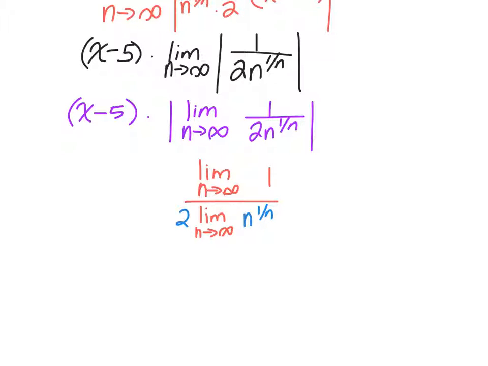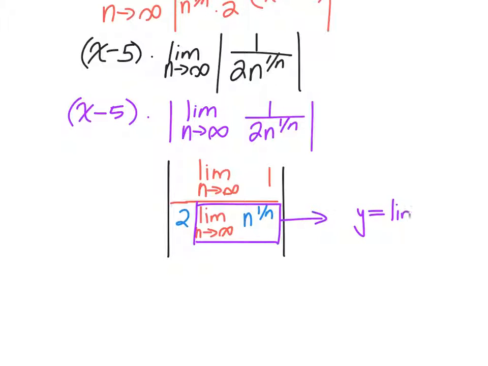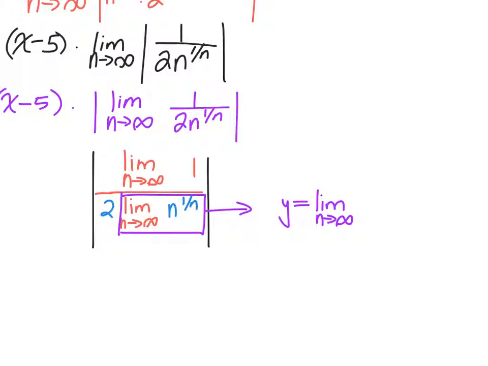So it would be the absolute value of that ratio, at which point I'd be investigating just this guy. In that case, this is where it gets kind of weird, I'd write it as y equals the limit as n approached infinity of n to the 1 over n.